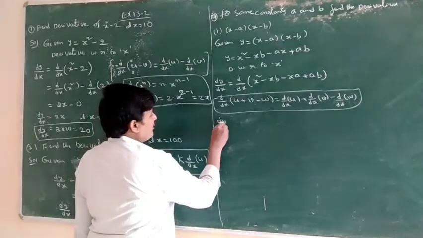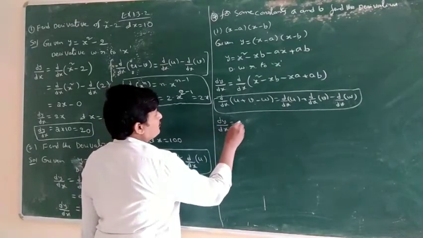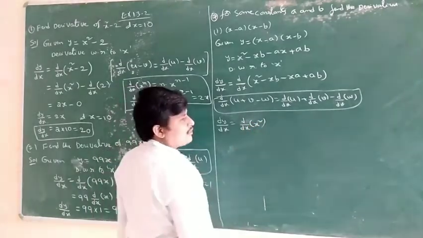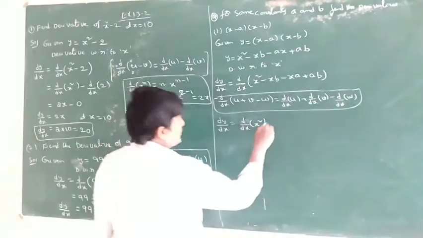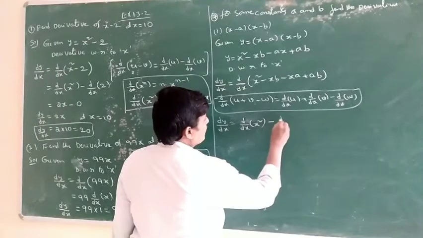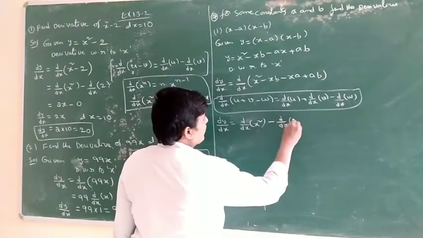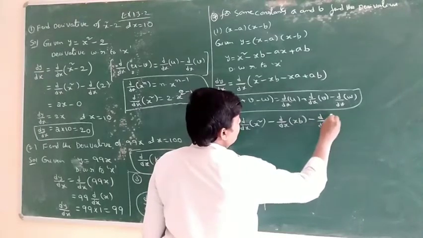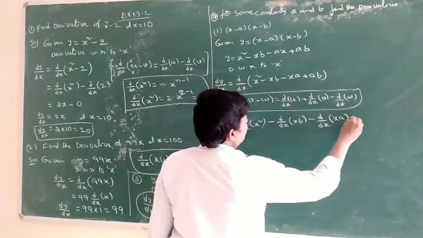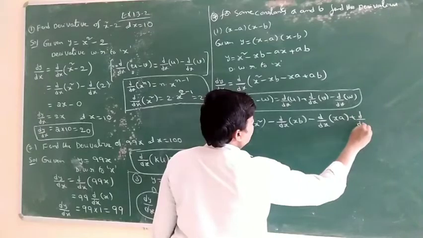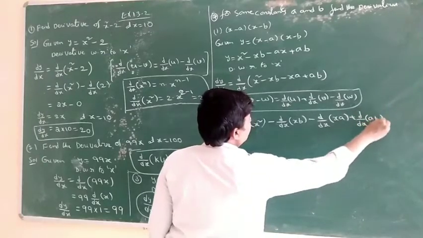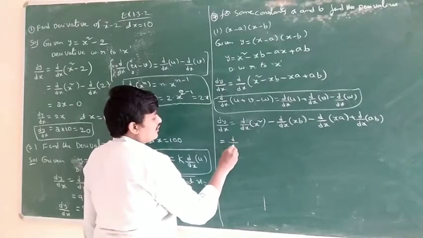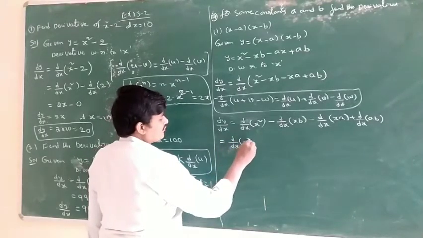So dy by dx is equal to d by dx of, separating the functions, x square minus d by dx of x into b minus d by dx of x into a plus d by dx of a into b.